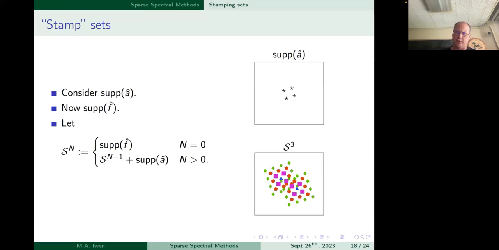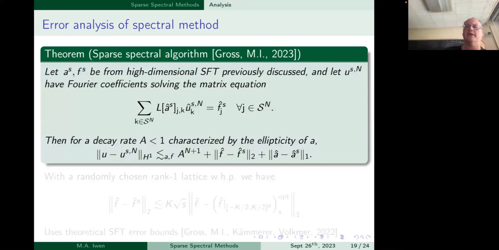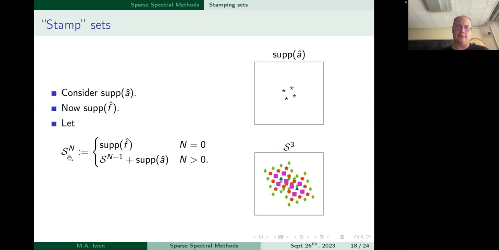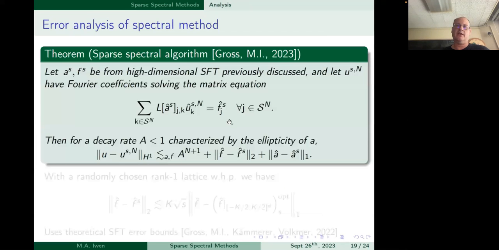So we recursively build up our stamping set levels that way and use that as our truncation set. Okay, so our truncation set I is now one of these S_n sets defined this way. And so our first term in Say's lemma is determined by our choice of n, or determines how we want to choose n.